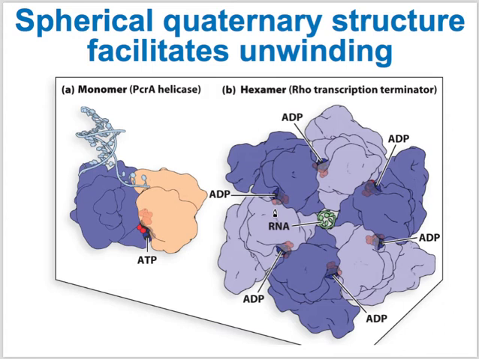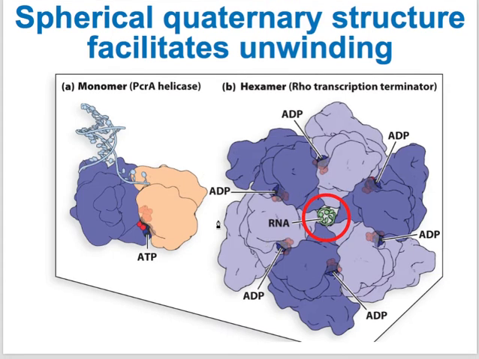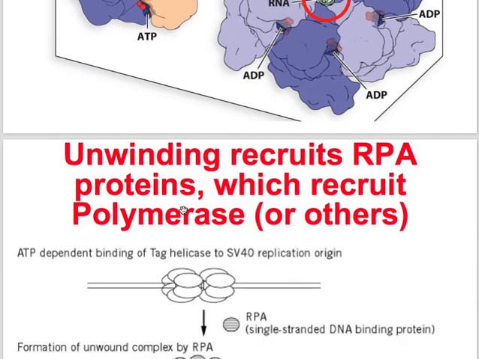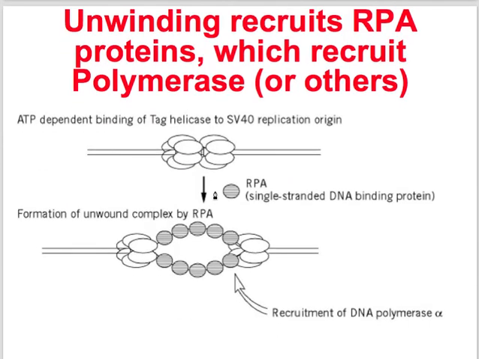This is helicase's quaternary structure. See how there's 1, 2, 3 of each of these isoforms. In this case, it has a little RNA piece that allows the DNA to wind through. Unwinding recruits the RPAs, those little DNA binding proteins that we saw.